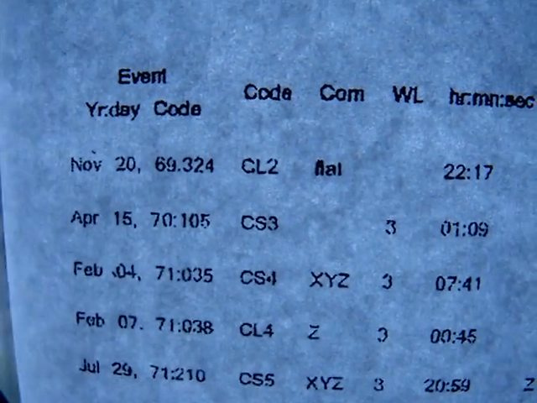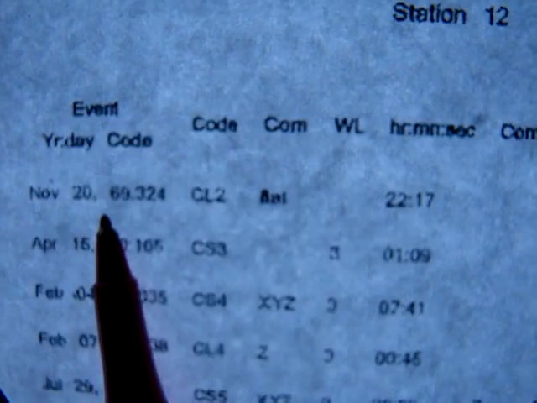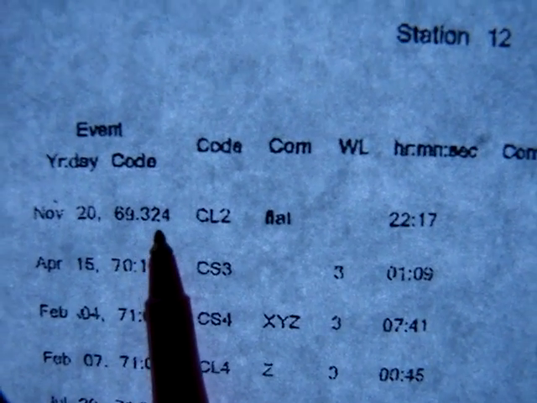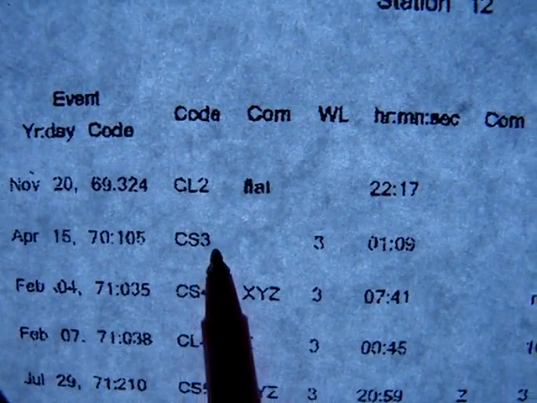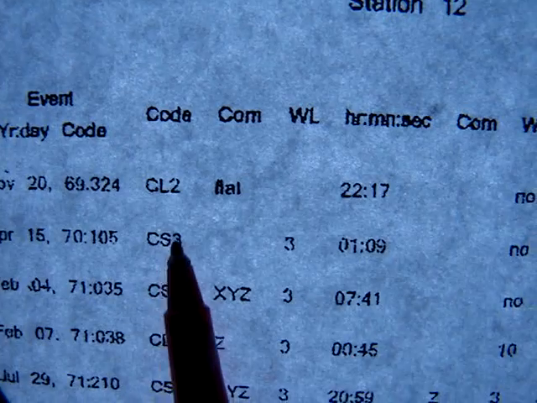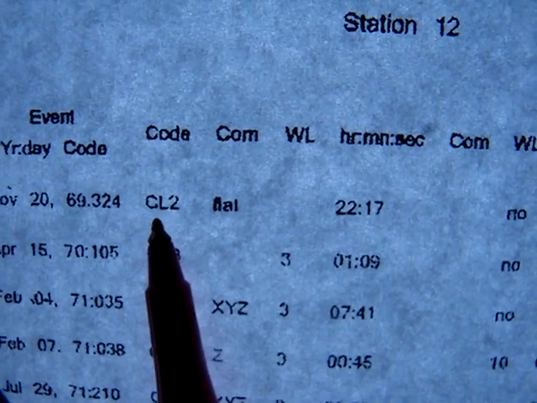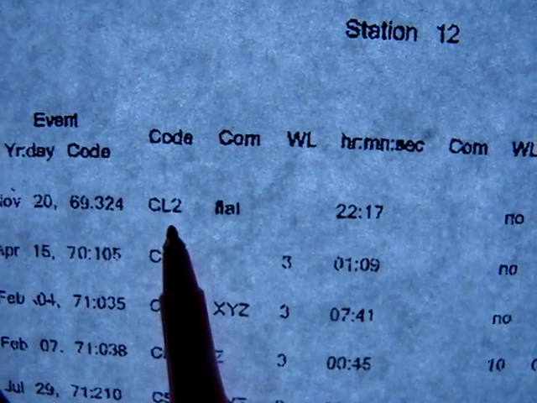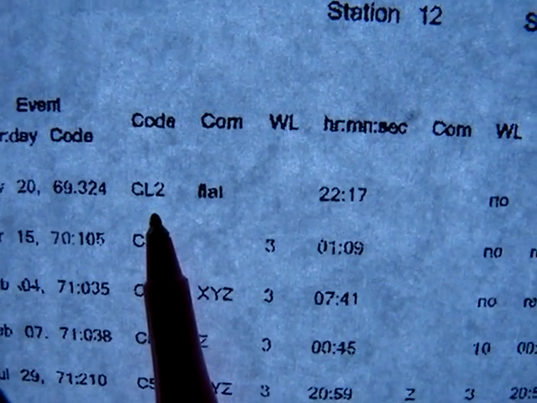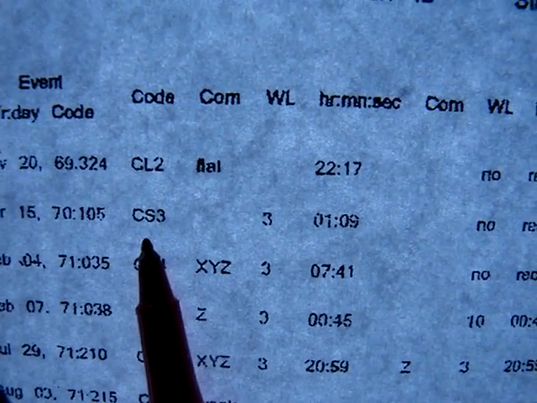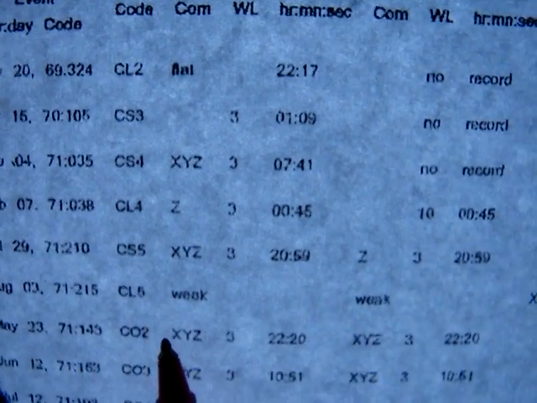And here, November 20th, 1969, day 324. And the C is the impact. The L is for lunar module. This one was the Saturn booster.